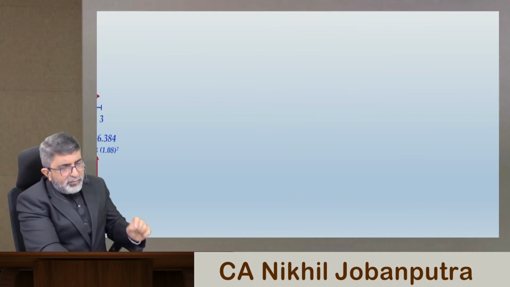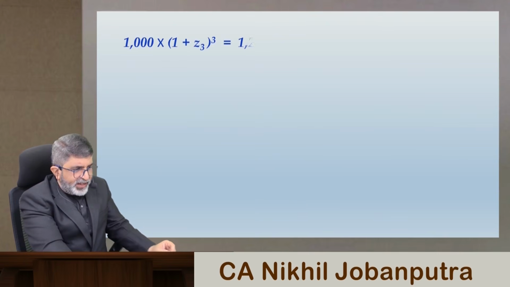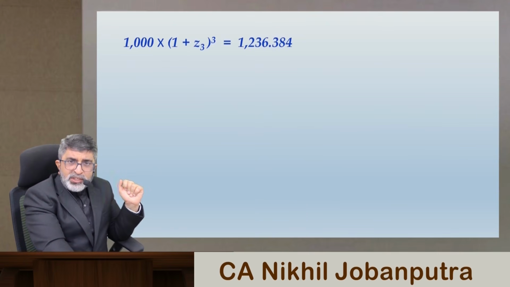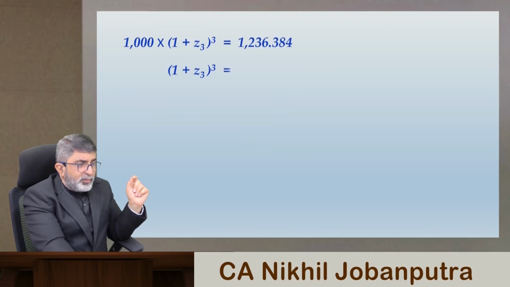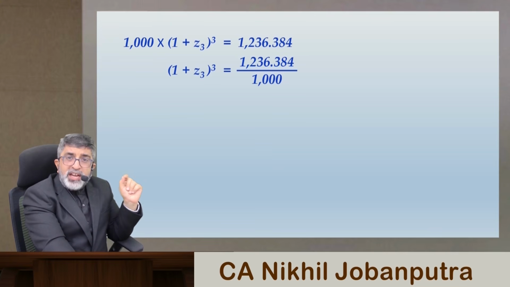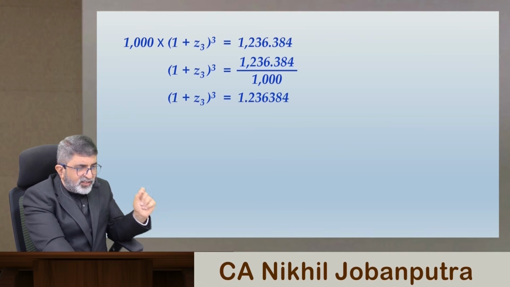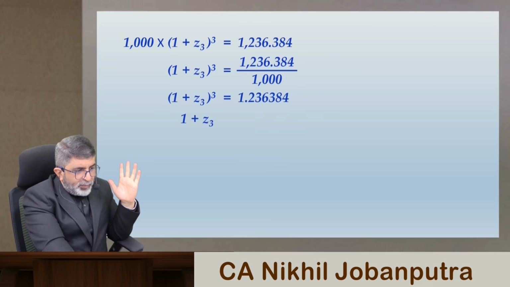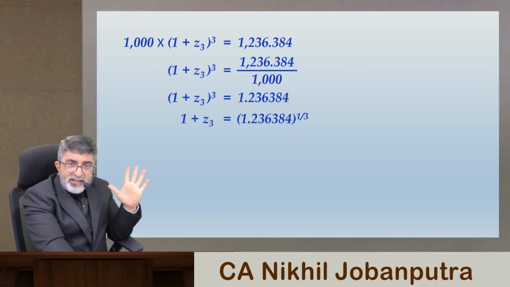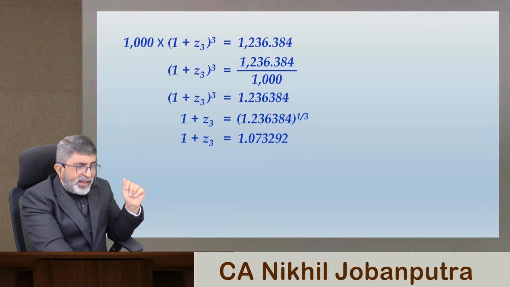Let me show you mathematically how these are connected and how to solve it. This is the equation that I was talking about. So 1 plus Z3 raised to 3 will be 1236.384 divided by 1000, that gives you 1.236384. So 1 plus Z3 will be the cube root of that, and when you take that cube root, that is 1.236384 raised to 1 by 3, what you get is 1.073292.